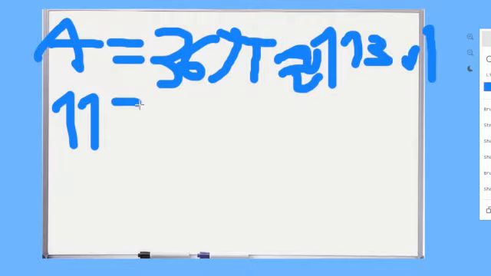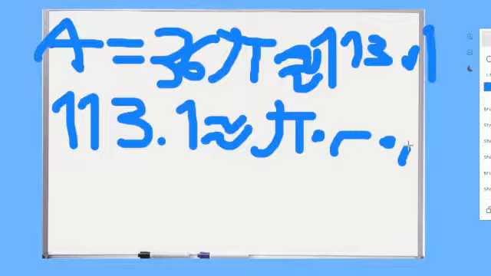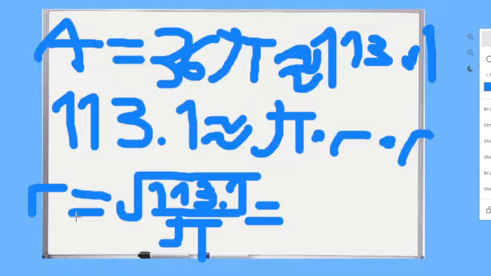So 113.1 is roughly equal to pi times r times r. Okay, this is important. So here we have the radius.